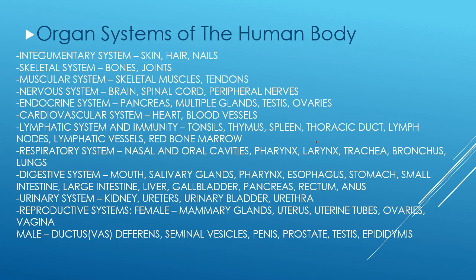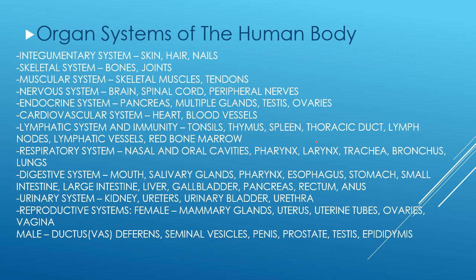Now, these are all the organ systems that we'll go over. It would be good for you to go over and kind of get an idea of what organs you can find in which system. So let's say the skeletal system, you're pretty good on knowing that the bones are found there. Okay, there's not a whole lot else there.